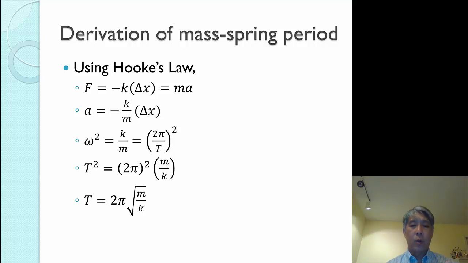Making the substitution of 2 pi over T for omega and rearranging, I end up with T squared equal to the quantity 2 pi squared times m over k. It's not k over m because I multiply both sides by m and divide by k. Taking a square root of both sides, I end up with my formula that says the period of a mass spring system is equal to 2 pi times the square root of the mass divided by the spring constant k.